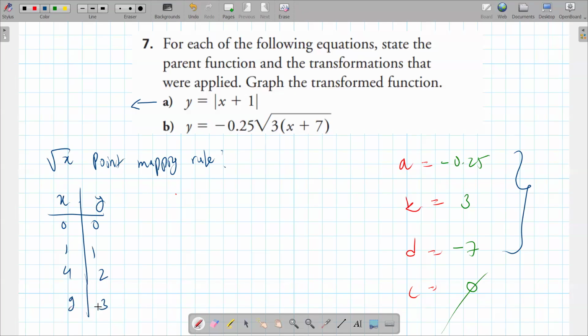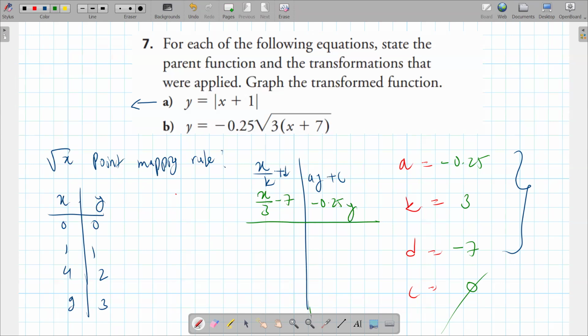The points become x over k plus d, a y plus c. So here it becomes x over 3 minus 7 and negative 0.25y.